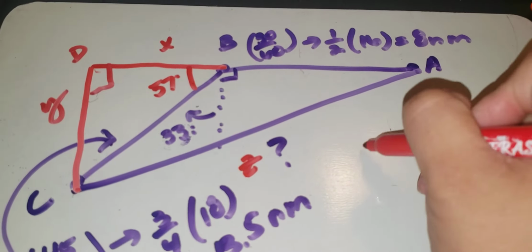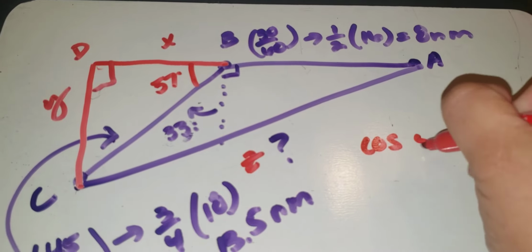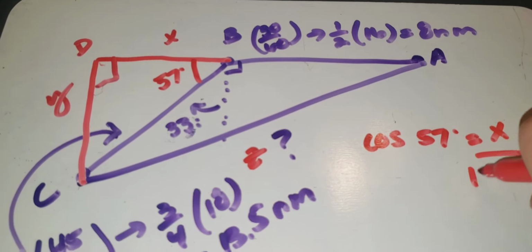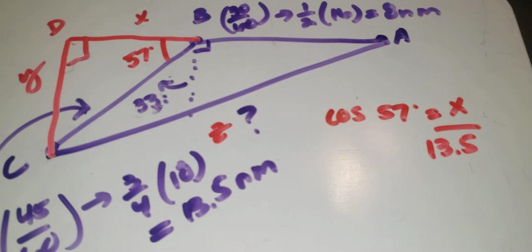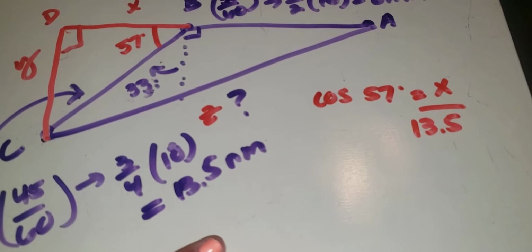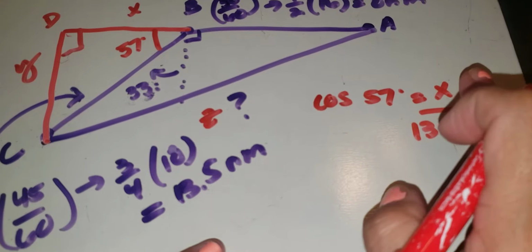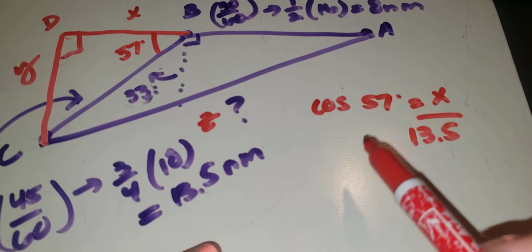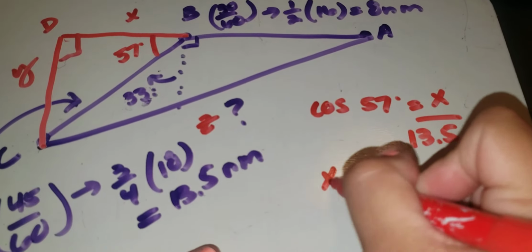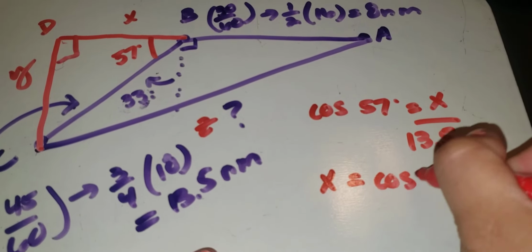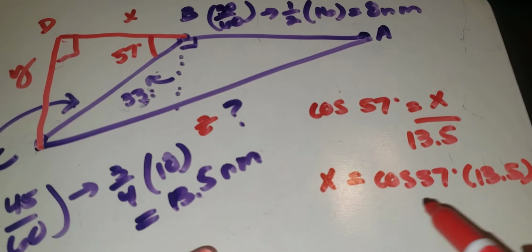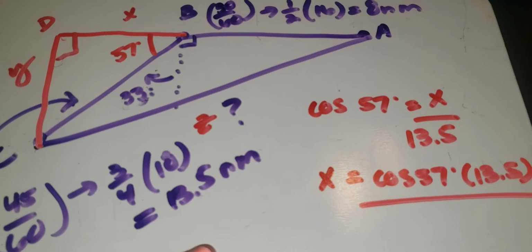Cosine of 57 equals X over the hypotenuse, which is 13.5. If I cross multiply and solve for X, it's cosine of 57 times 13.5. And this is what you have to remember.